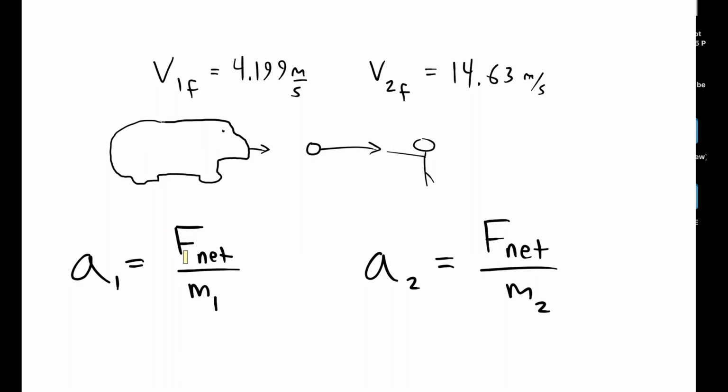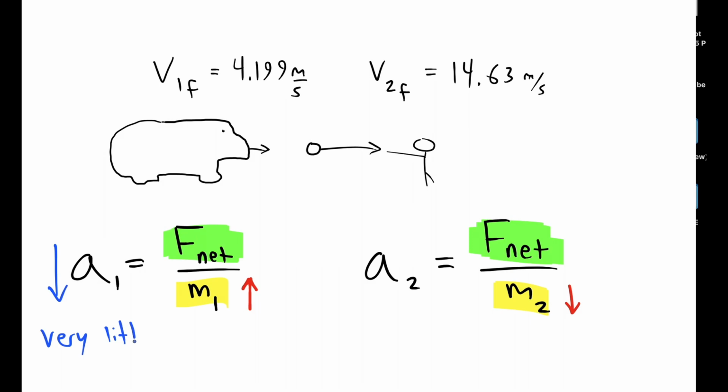Now you know that the Rhino has a huge mass. Okay, this is huge for the Rhino. For the ball, it's tiny. So even though they have the same net force that they feel, the Rhino will have hardly any acceleration. For A2, it's a huge acceleration.